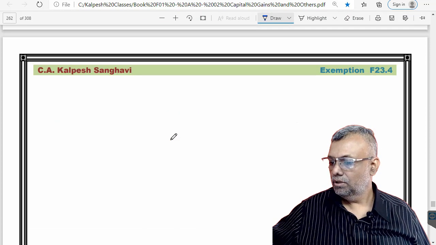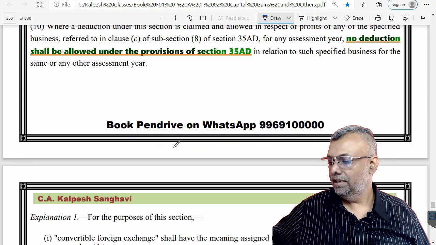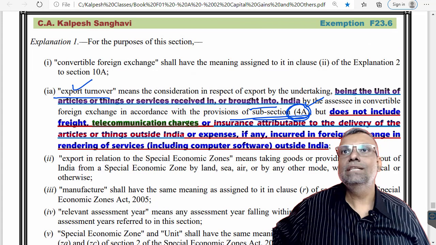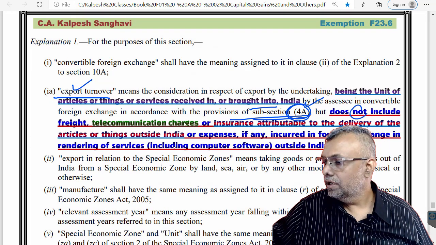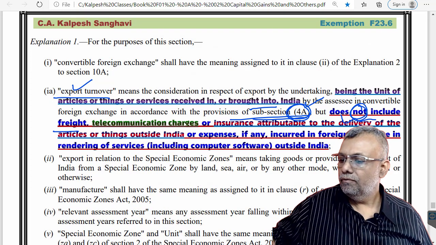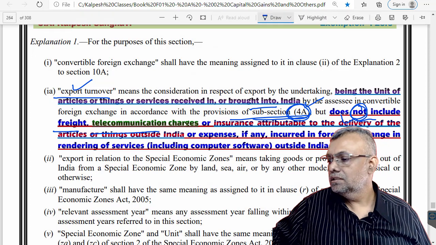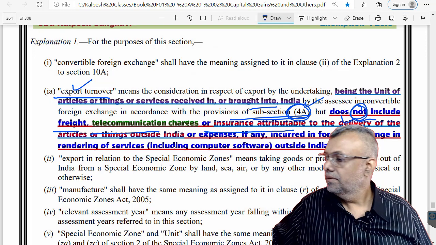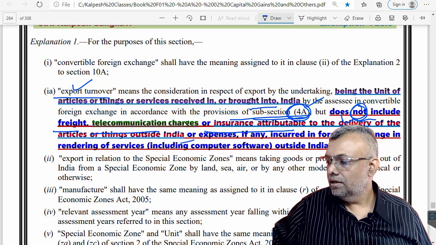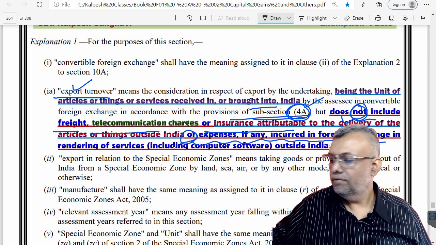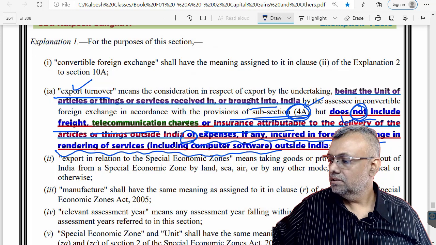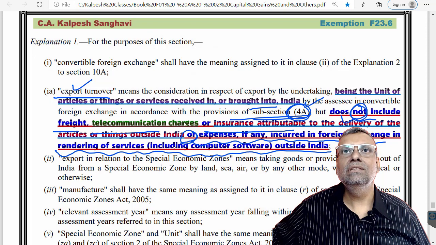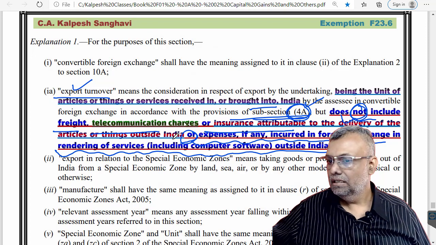The export turnover is further defined, as already explained, but I once again repeat: it does not include freight, telecommunication charges, insurance attributable to the delivery of articles or things outside India, or any expenses incurred in foreign exchange for rendering services outside India. So your turnover has to exclude freight, telecommunication charges, etc., as provided here.